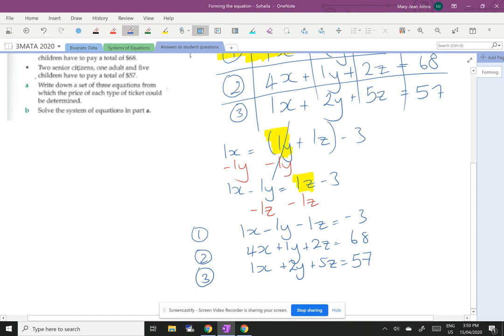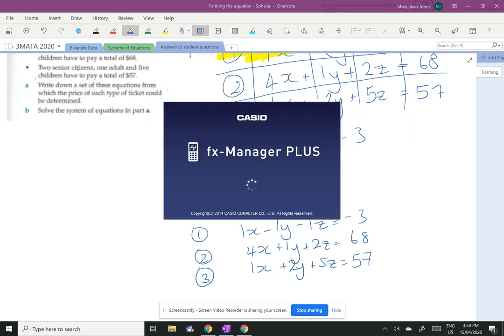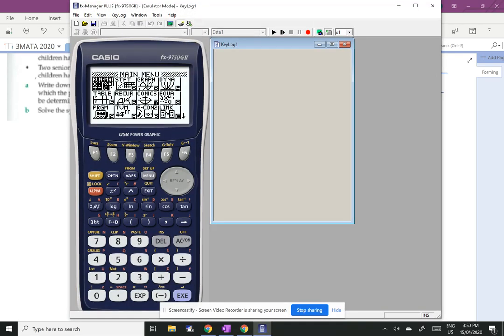Okay, so I'm just going to get up my graphics calculator. Here we go. Again, I'm going to go into equation. I want it to be simultaneous with three unknowns. I'm going to delete what's there. Okay, and I'm just going to enter my numbers. So I've got 1, -1, taking care with the positives and minus.